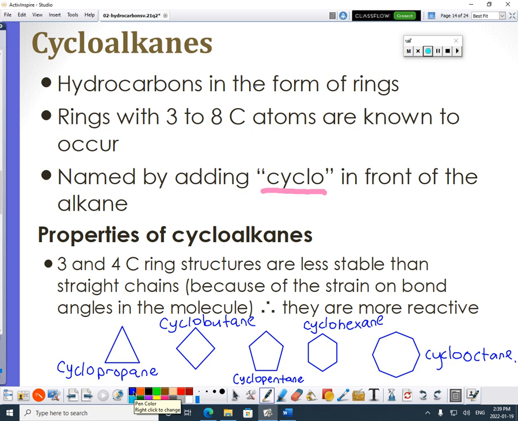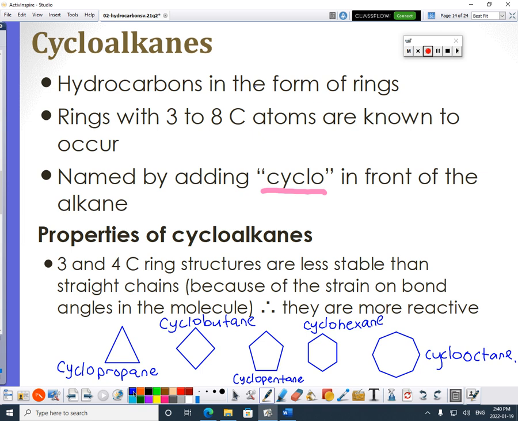So this reactivity is very particular. They are more reactive because the carbon atoms are too close together. But usually there won't be questions quite that specific. The beauty with the ring is there's no beginning and no end, really. So this could be carbon 1, this could be carbon 1, this could be carbon 1, right?